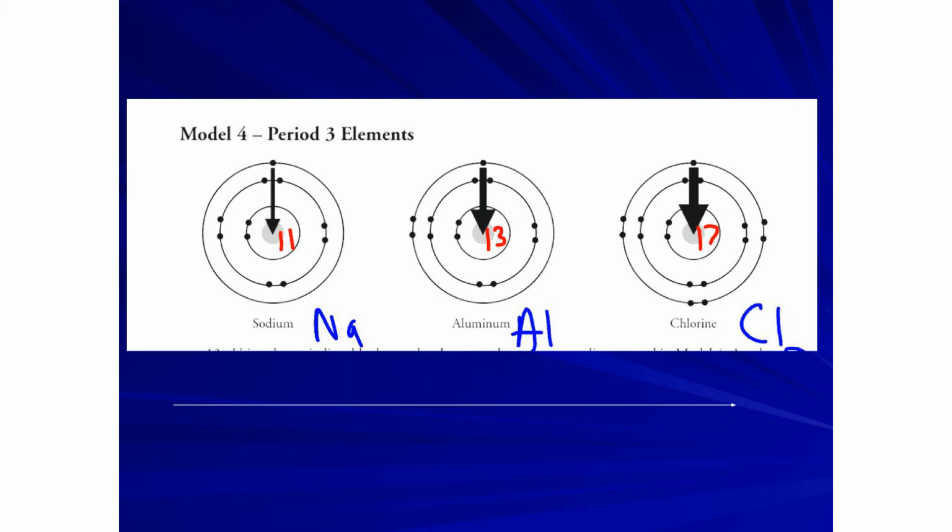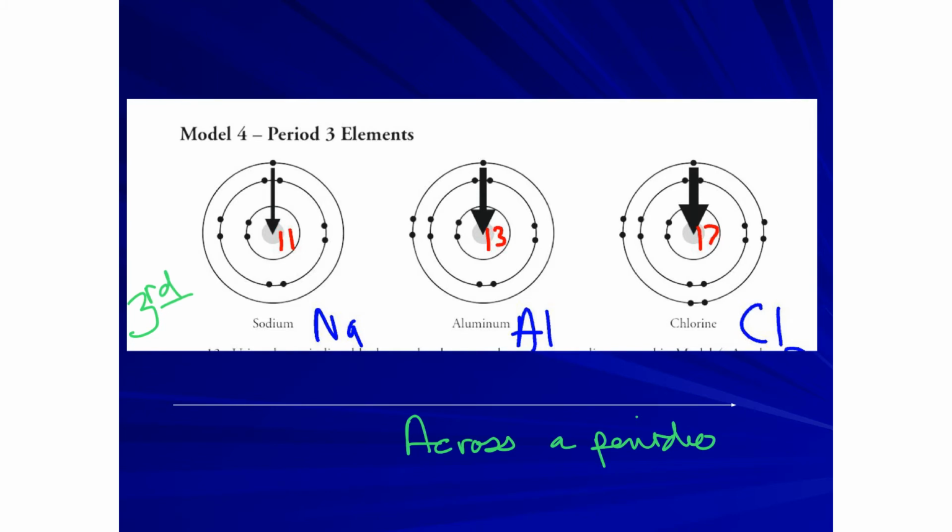So now let's look at what happens when you go across a period, right? When you go across a period, which is also an energy level or also a row, you are keeping those valence electrons in the same energy level. So let's look at sodium, aluminum, and chlorine. If you look at your periodic table, these are all in the third period, or third row, or third energy level.